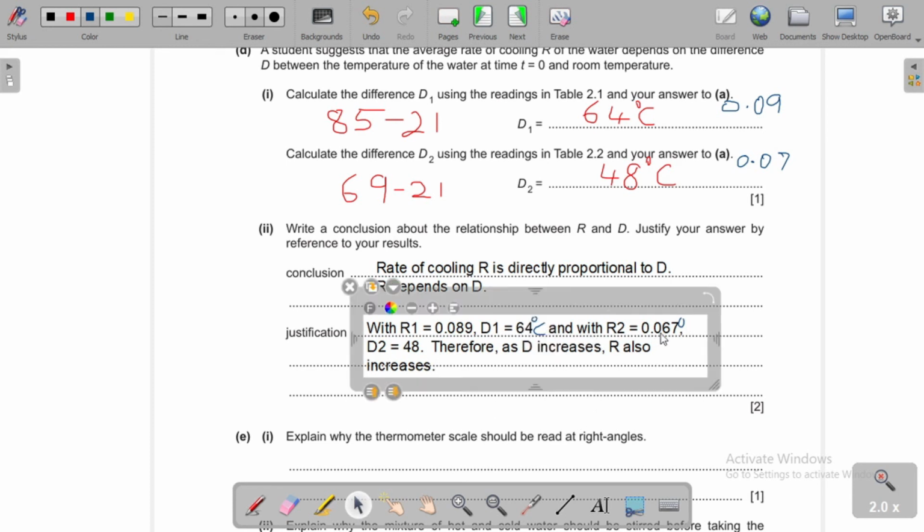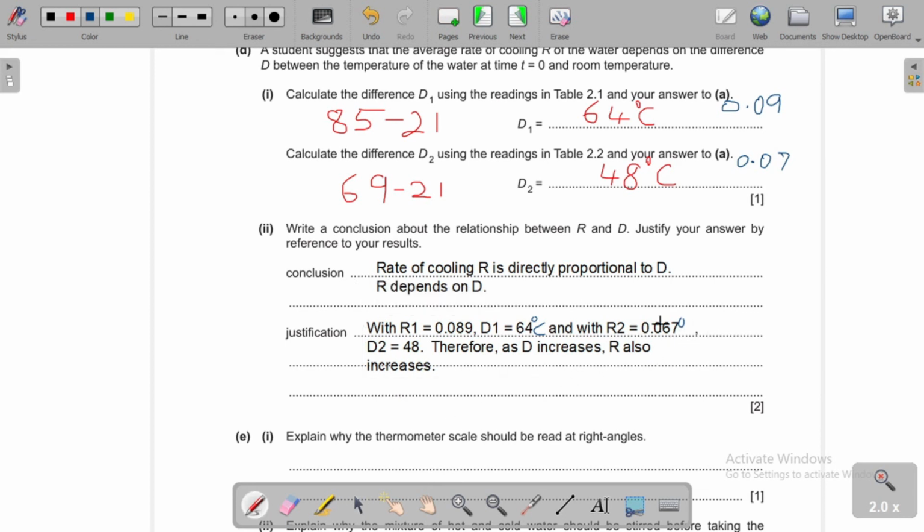R2 equals 0.067 degrees Celsius. All right, that answers the question.